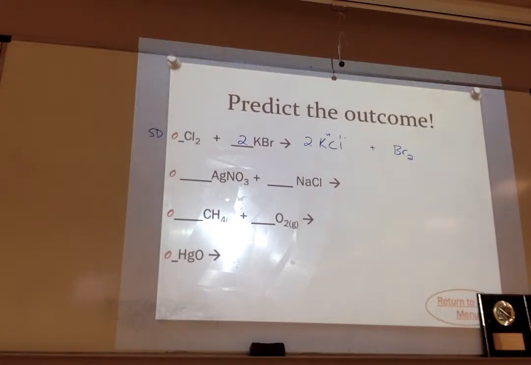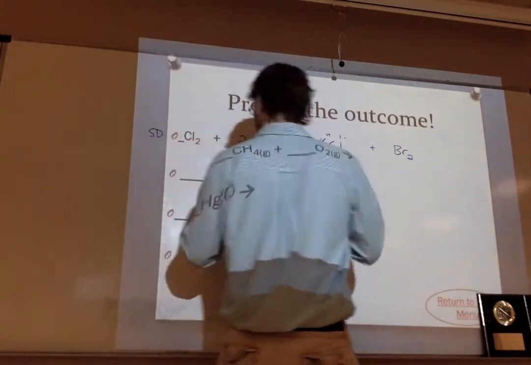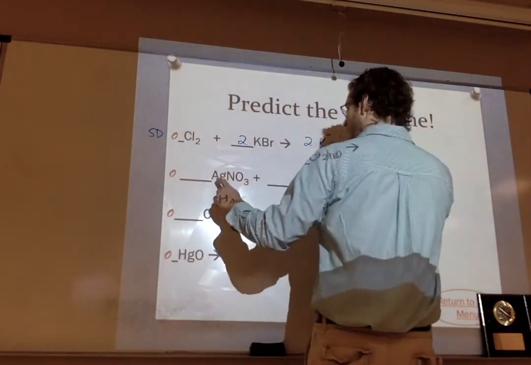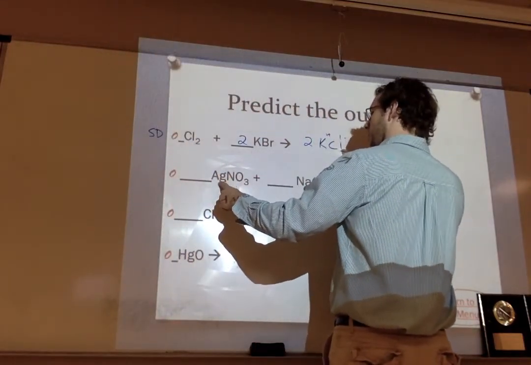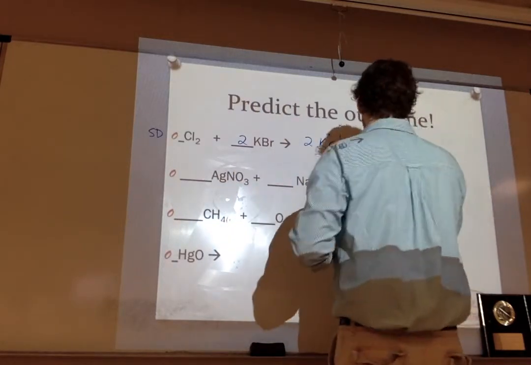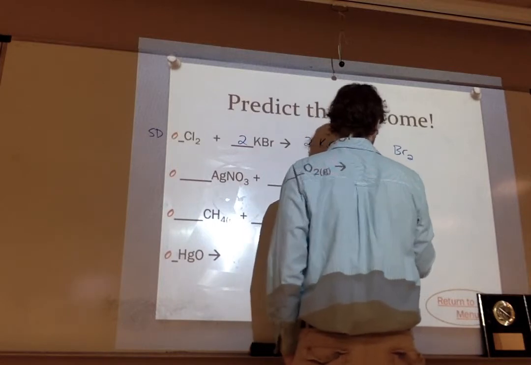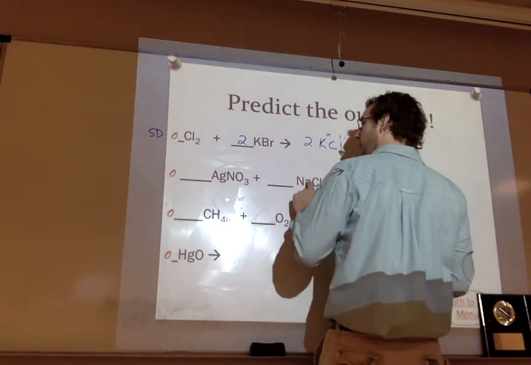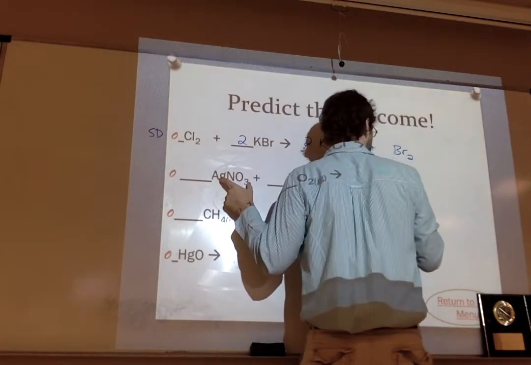What type of reaction is the second one here? Double displacement. What happens there? We do a trade. Now the silver and the sodium are going to flip-flop. Would they ever go together? +1, +1, do positives? Nope. Double check your charges. So instead of NaCl, we're going to have NaNO3.